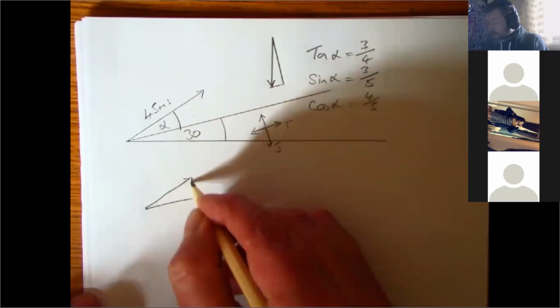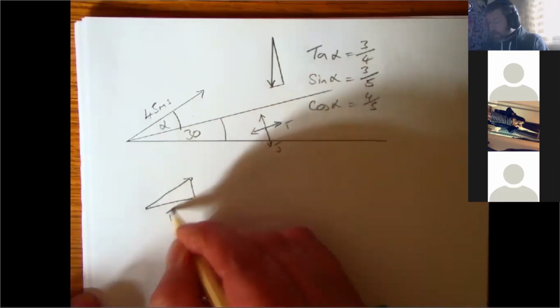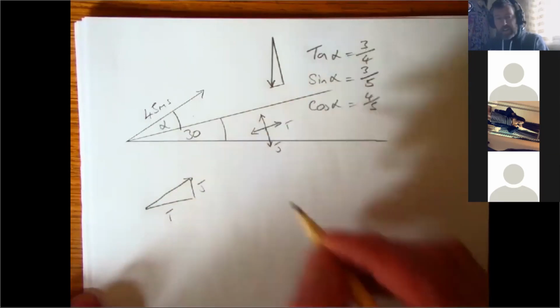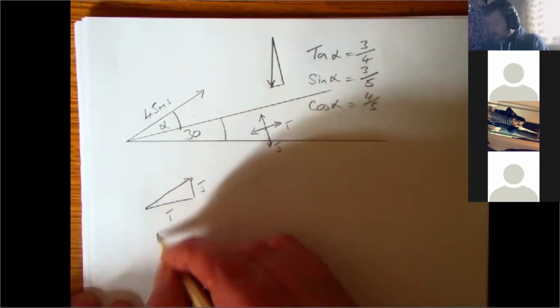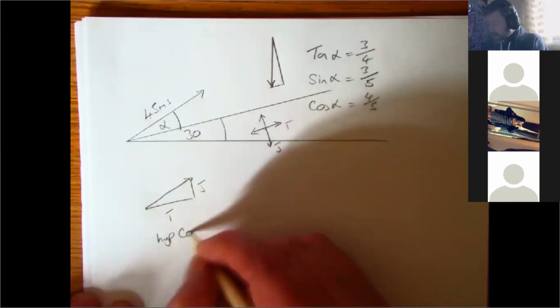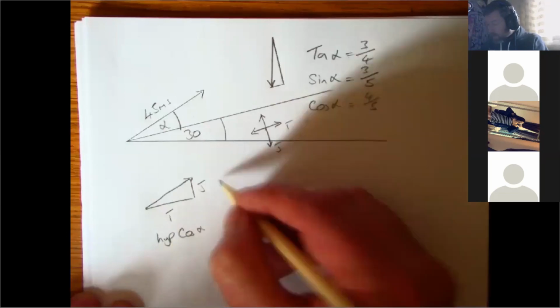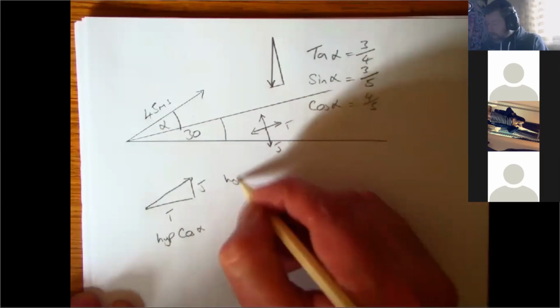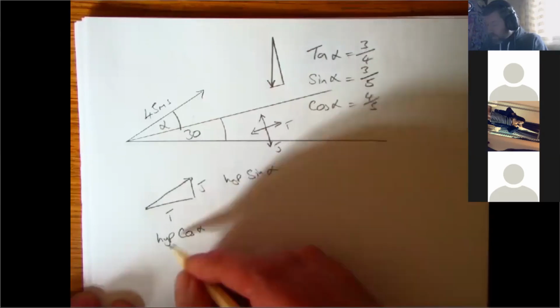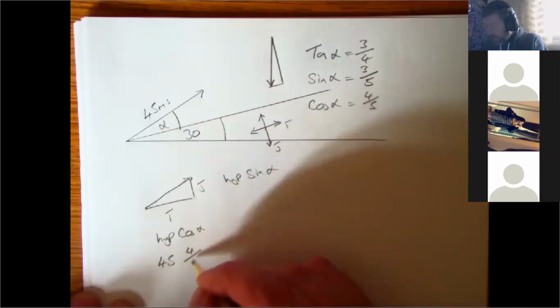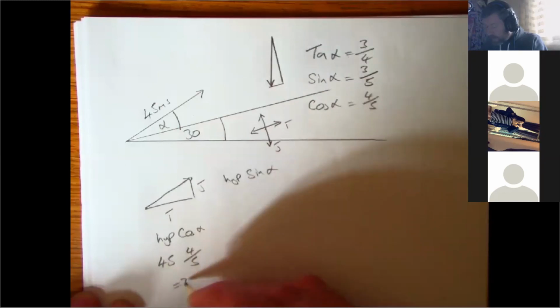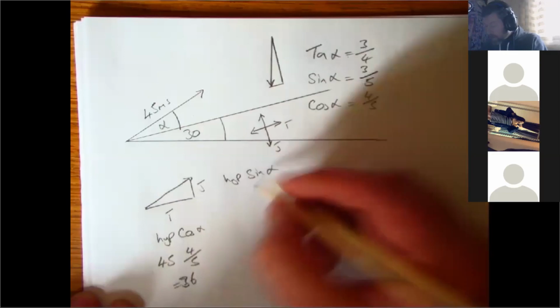I want to find out the I's and the J's. So this really is hypotenuse times cos alpha, and this is hypotenuse times sine alpha, which is 45 times cos alpha, which is 4/5, which is equal to 36. I'll do it again anyway.